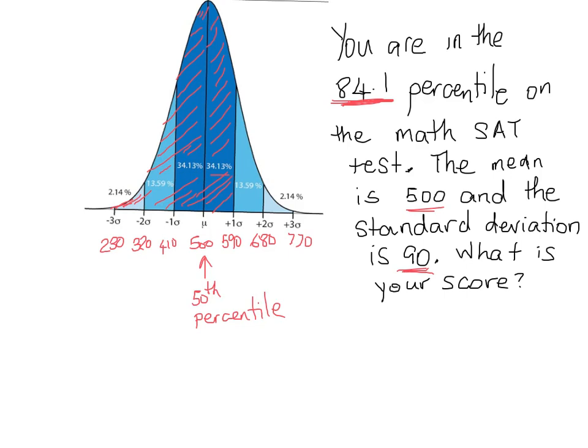Now the score here is going to be the 84.1 percentile score. So that means that that 590 is that score that was higher than 84.1% of the other scores, and that is our 84.1 percentile score.